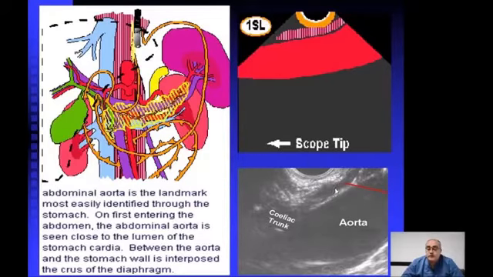where we can see the first structure and the most important structure, which is the abdominal aorta, appearing as a longitudinal structure at the cardia. And here, this soft tissue hypoechoic area is the left crus of the diaphragm. And with the echo endoscope, we can see many structures, starting from the aorta and its main branches.